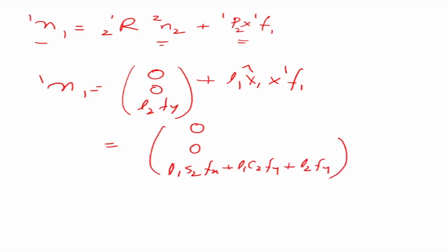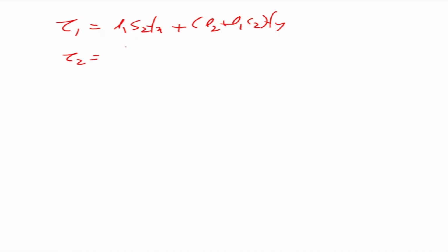Now if I write it in matrix form, what we see is that tau 1 is equal to L1 sin θ2 fx plus (L2 plus L1 cos θ2) into Fy, and tau 2 is equal to L2 Fy.